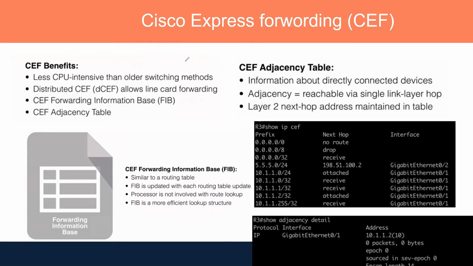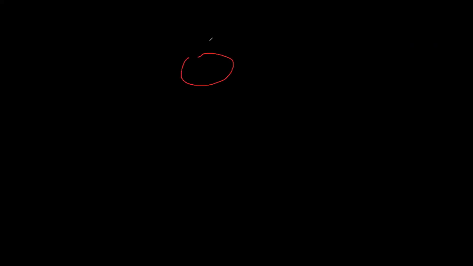Let's say this is my router R1, and this is R2, R3, R4. There may be other routers which are further connected to this, so I'm putting two more routers over here.